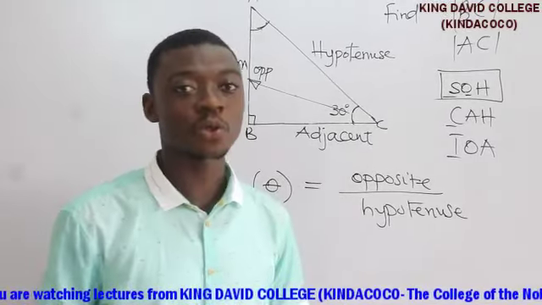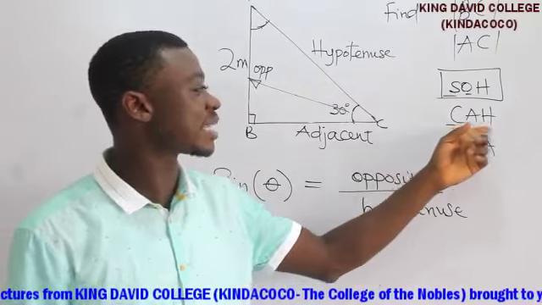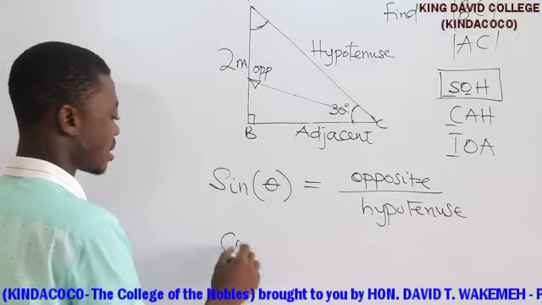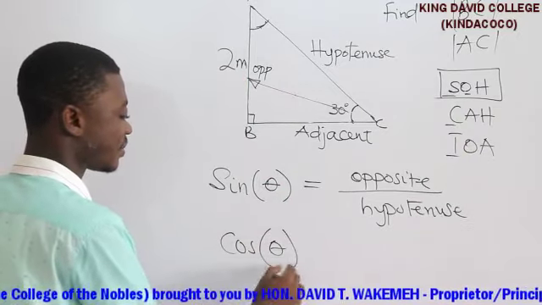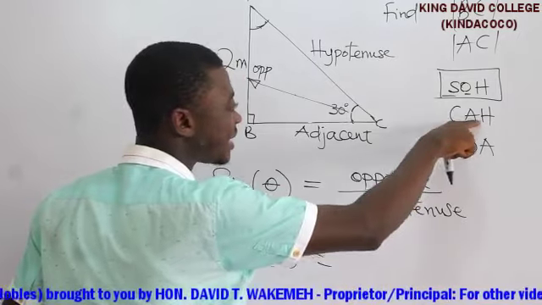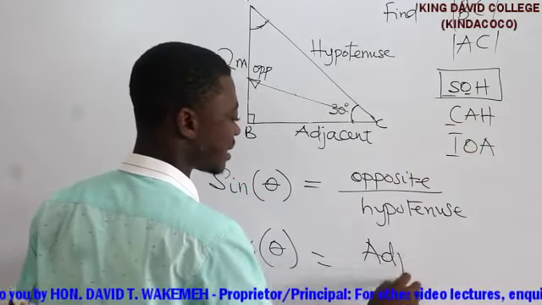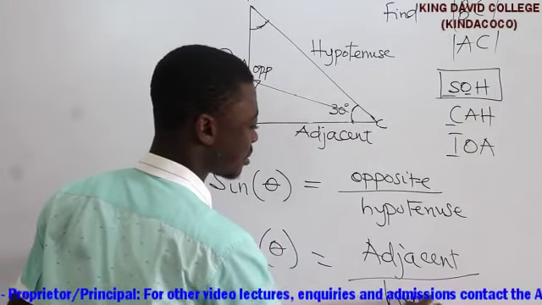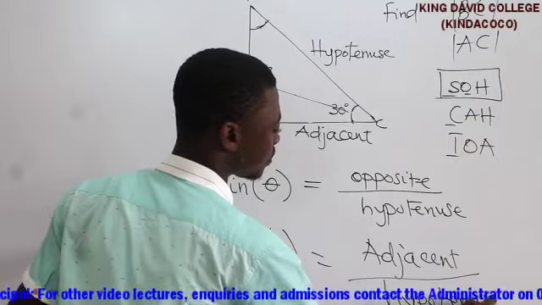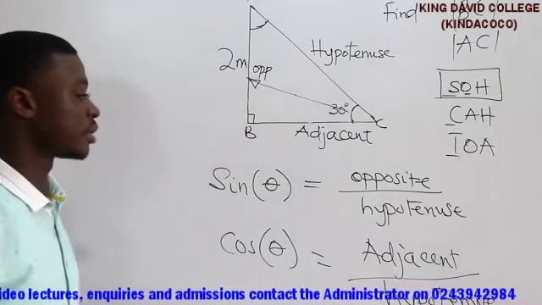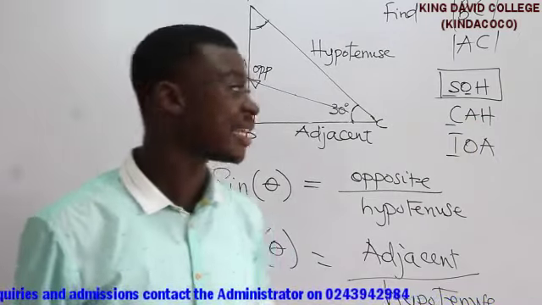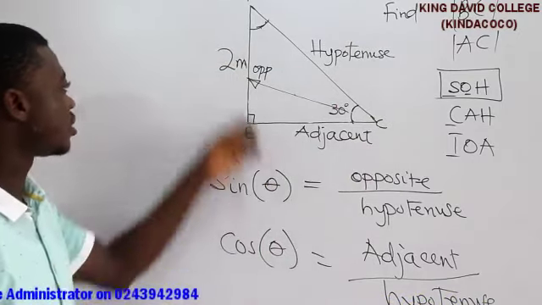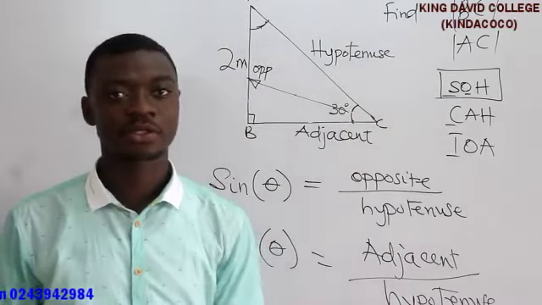But if you want to use cosine, then you must know that cosine goes with CAH, where cos of the angle is equal to the adjacent over the hypotenuse. So if you want to use cos, it is the adjacent over the hypotenuse, and if you want to use sine, it is the opposite over the hypotenuse.